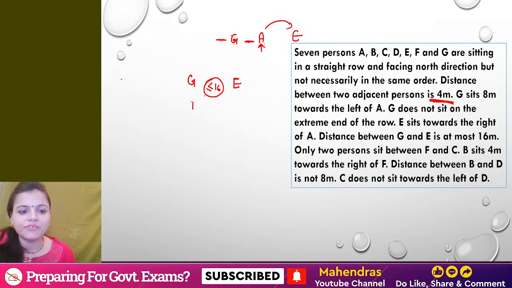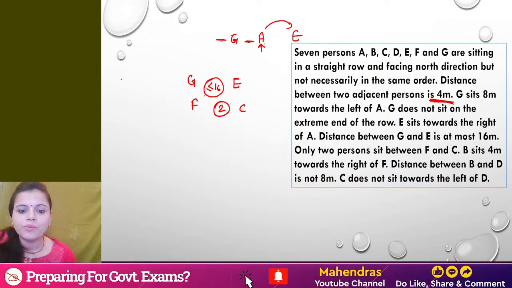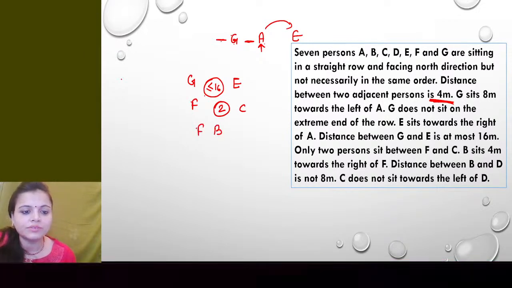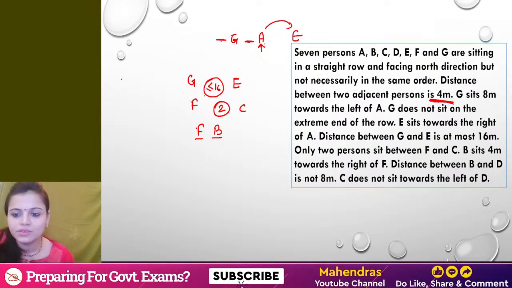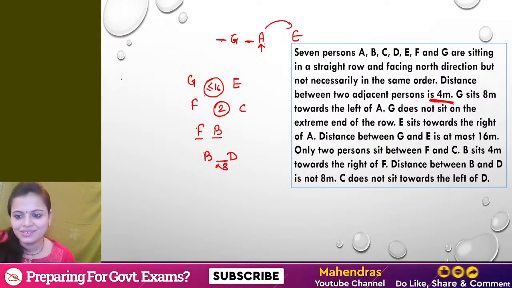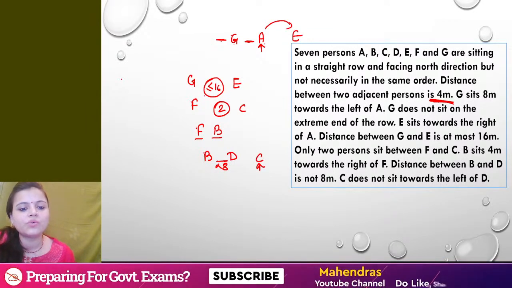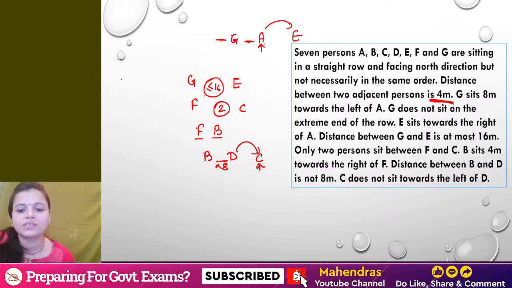Only two people between F and C. B is fourth towards the right of F, meaning immediate right of F. B and D are not 8 apart. C does not sit towards the left of D, meaning C is towards the right of D.